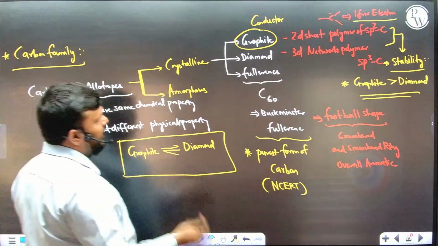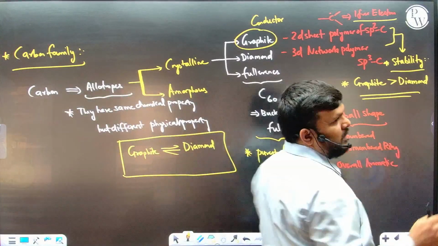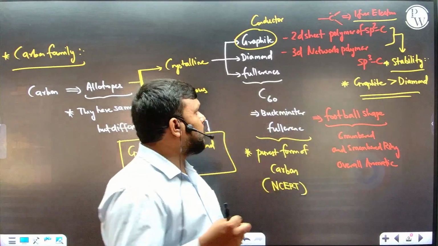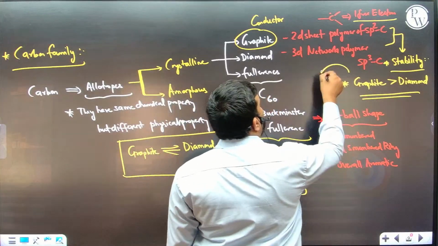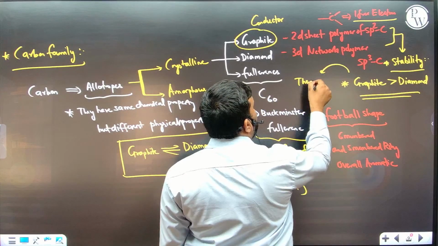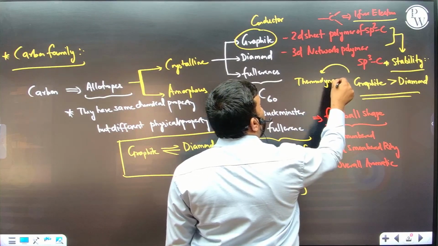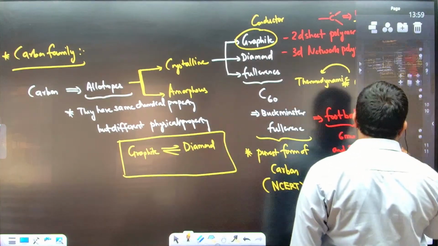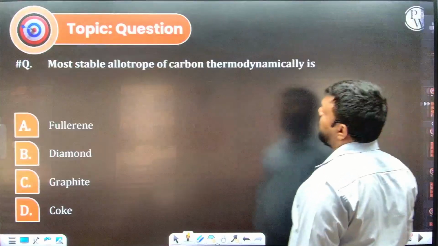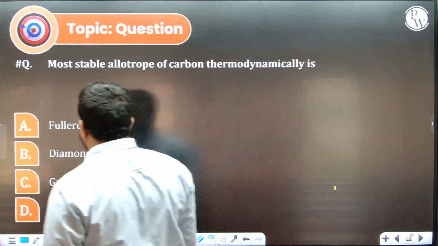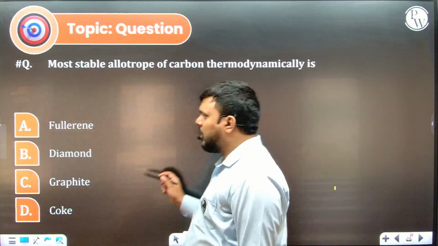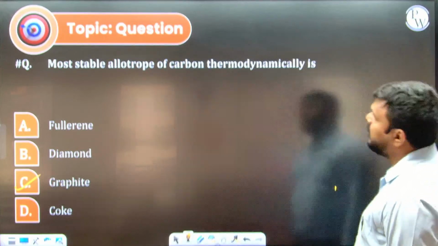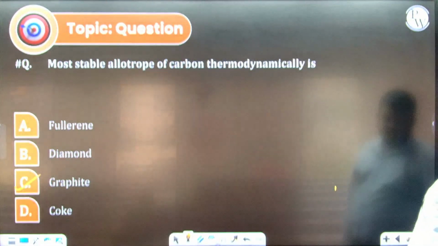If you provide heat, what will happen? This equilibrium will move towards the graphite. So this shows that thermodynamic stability is more in graphite as compared to diamond. So this was the question asked: the most stable allotrope of carbon thermodynamically is graphite.